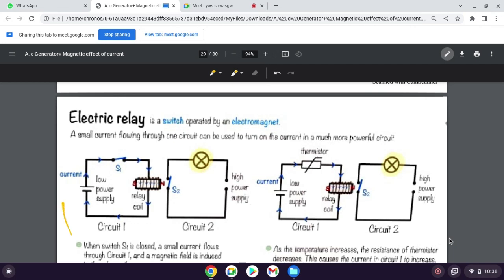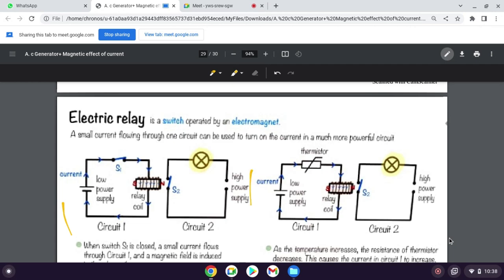In this circuit 1 we have a coil, we have a magnet, and we wrap that magnet with a number of turns of coil, and that is the current. This is a switch, this is the circuit 1 relay coil. This coil is the relay on circuit number 2. How? Look, this is a low power supply and this is a high power supply.